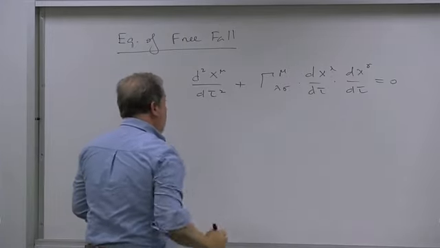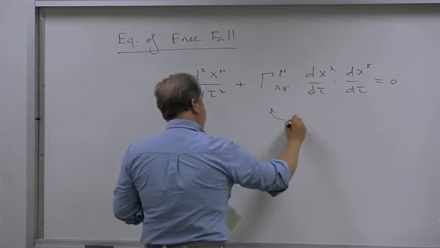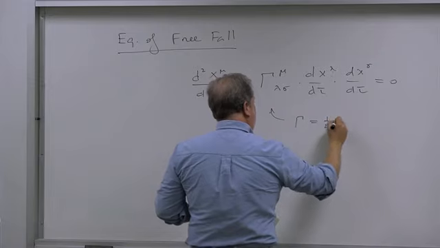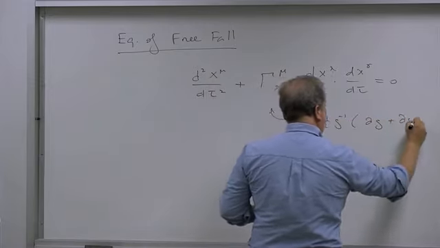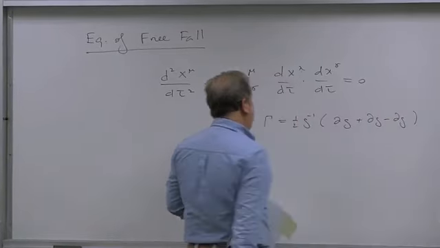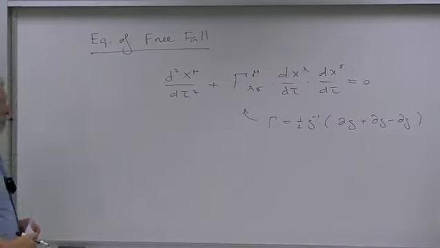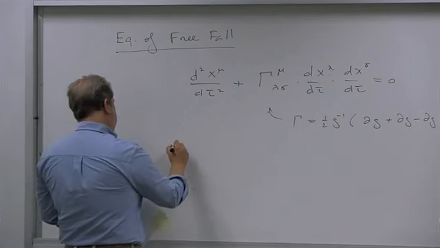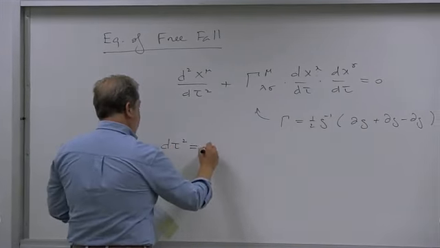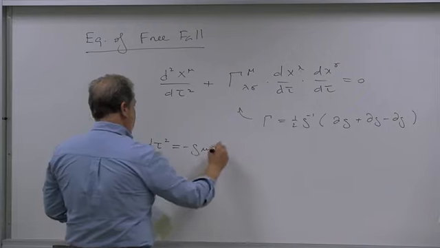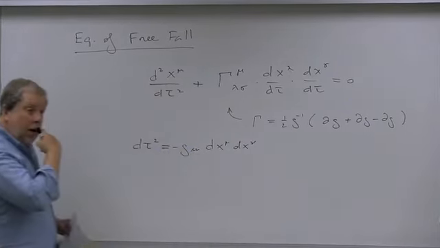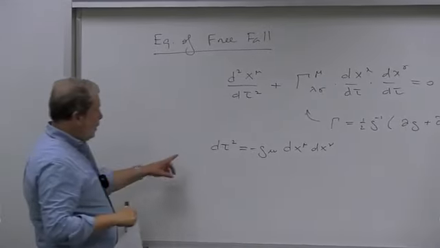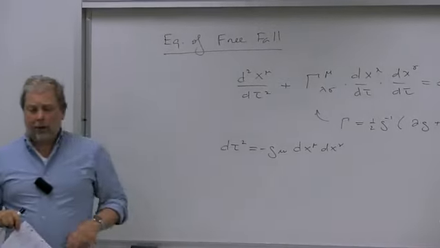And so we also learned that gamma was equal to 1/2 times g to the minus 1 of dg plus dg minus dg, some combination of derivatives of the metric, where the metric is defined by the proper time interval as minus g mu nu times dx mu dx nu. So the proper time interval that appears in the geodesic equation is this d tau here.